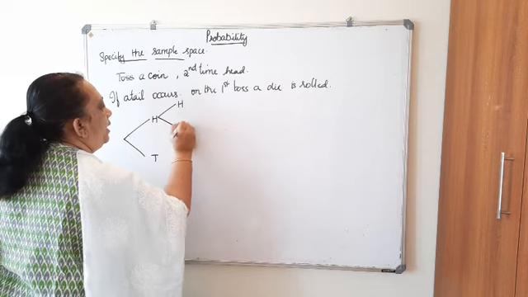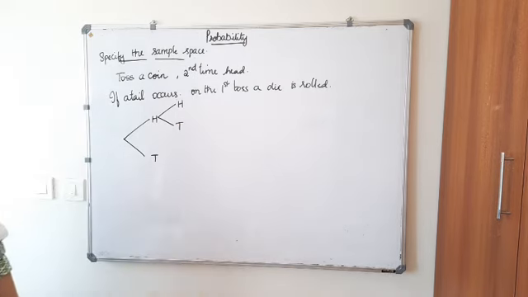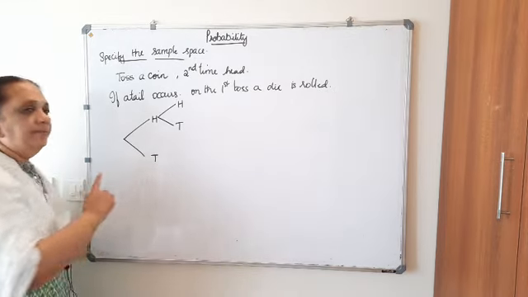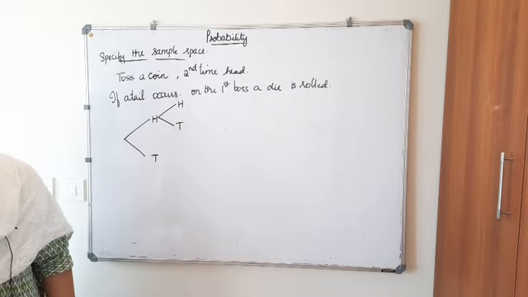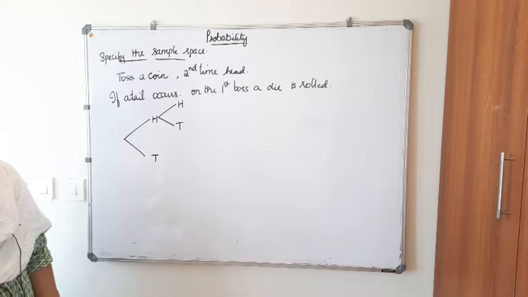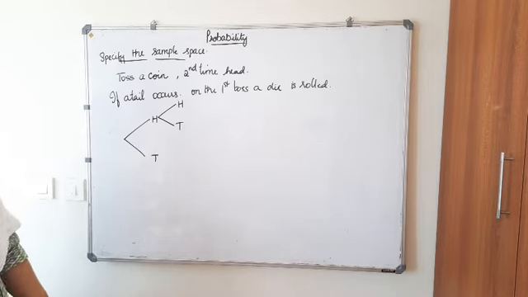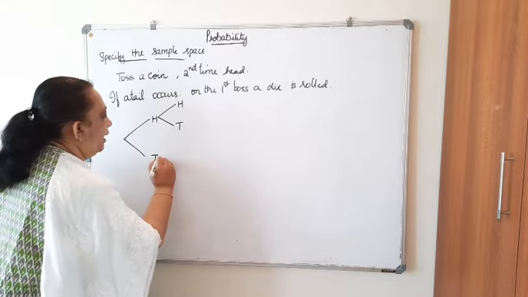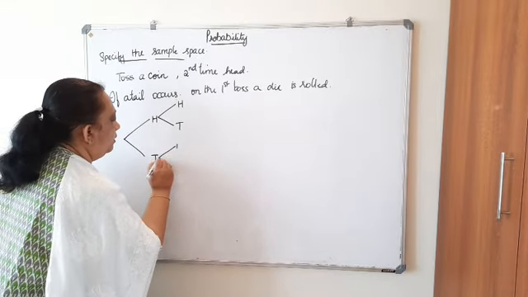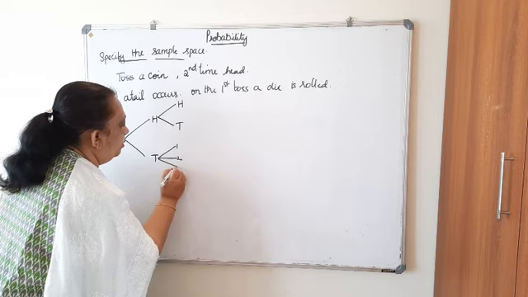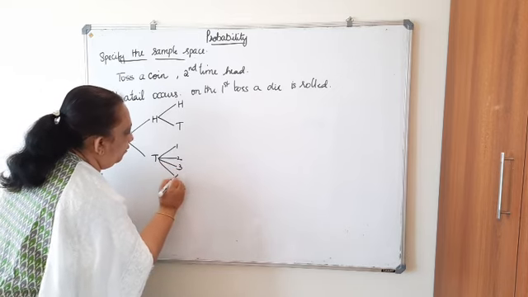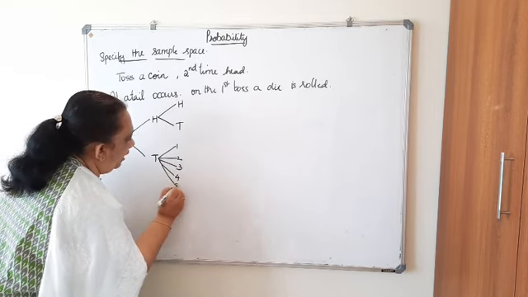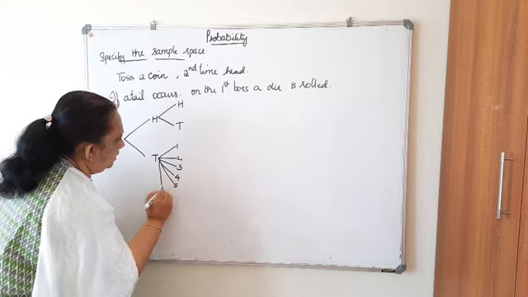So you may get a head or a tail. If a tail occurs on the first toss, then a die is rolled. When a die is rolled, you may get 1, 2, 3, 4, 5, 6.